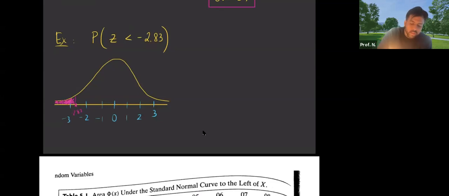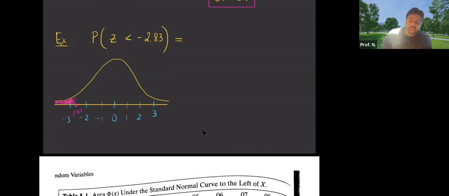And how would I do that? Does anybody have any ideas as to how we would find this using the table? It's the same symmetry, just negative.